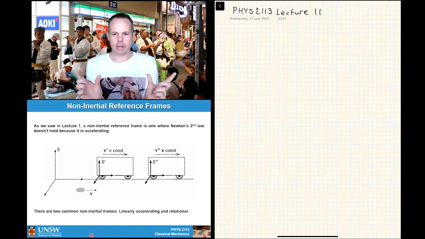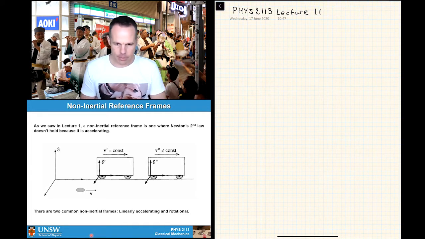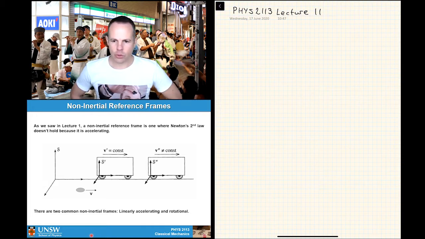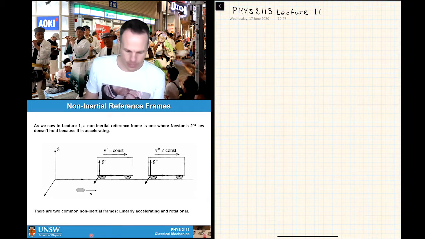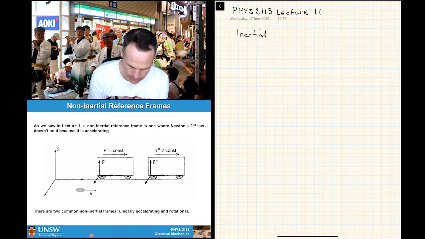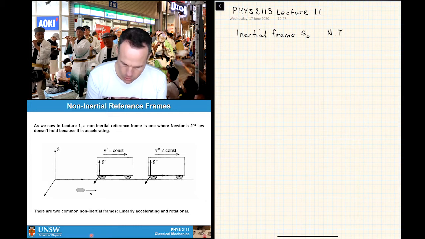And what we're going to look at is basically having a non-inertial frame that's just linearly accelerating with an acceleration A relative to the inertial frame S naught, right? So let's just skip this down so everyone's clear. Our inertial frame is S naught. Non-inertial is S in this particular case.